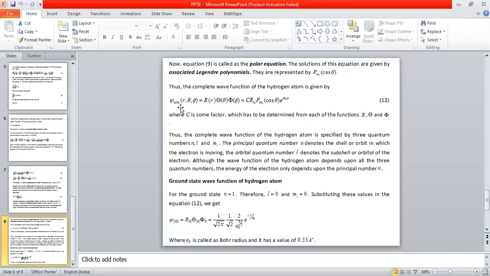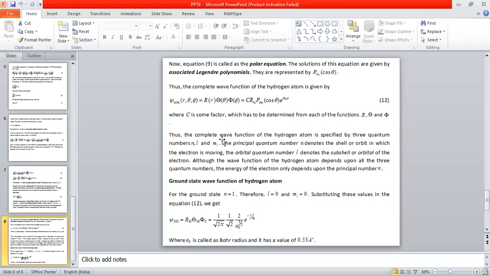Basically, the wave function psi of N, L, M, L, which is a function of r, theta, phi, must be a normalized wave function. It is possible to normalize, and that normalization factor is included in C also. I am not mentioning all those things in detail.